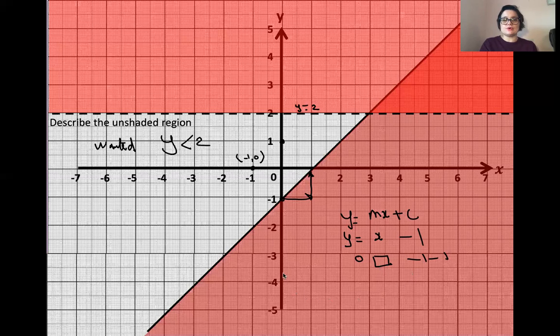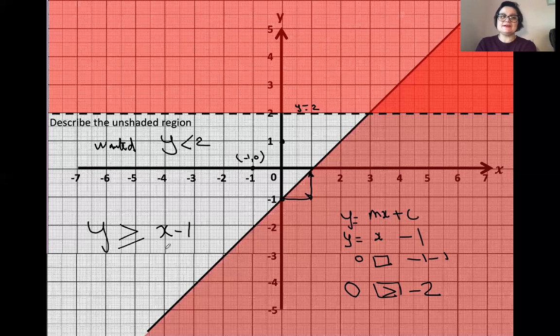So we're going to have 0 something minus 2. And how does 0 compare to minus 2? 0 is bigger than minus 2. So the inequality of the unshaded area is going to be y bigger than or equal to x minus 1. There you go. So both these inequalities describe the unshaded region.